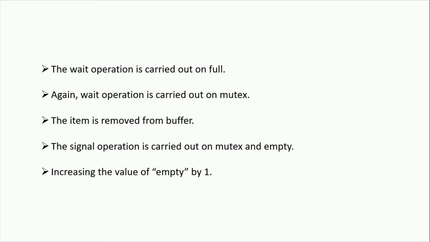The signal operation carried out on mutex indicates that the producer process can now act again, and the signal operation carried out on empty shows that the empty space in the buffer has increased by 1.